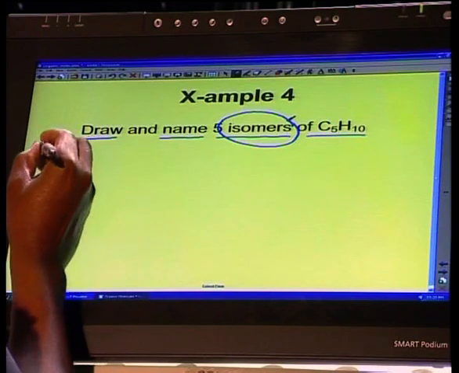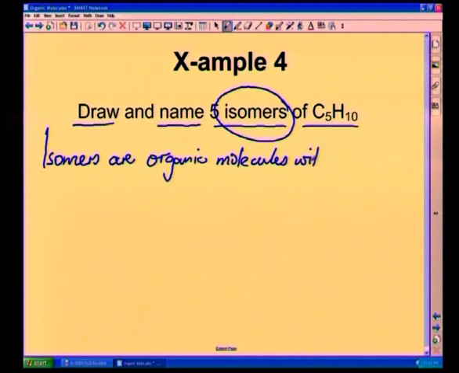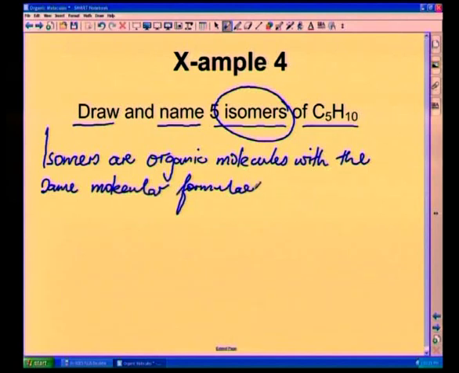What are isomers? Isomers are organic molecules with the same molecular formulae, okay?